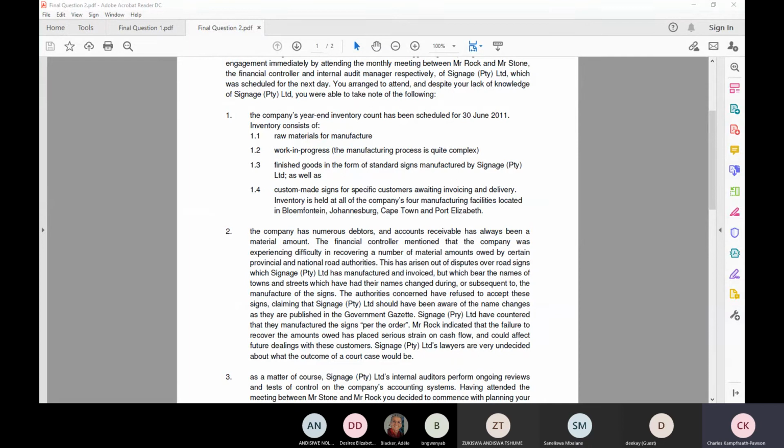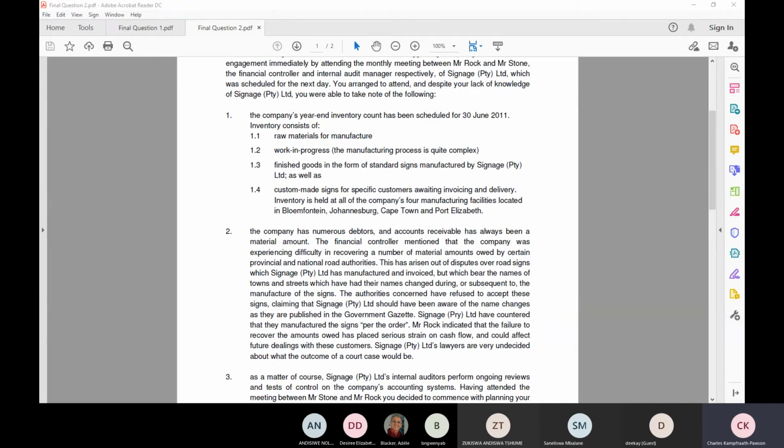Also, when we discussed understanding the business, we spoke about litigations and things like that. Make sure that the client is currently not bound by specific legislation. Remember, each industry, for instance the banking industry, is regulated by the Banks Act.